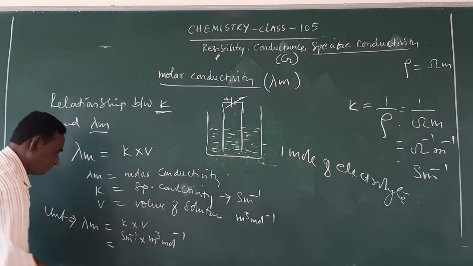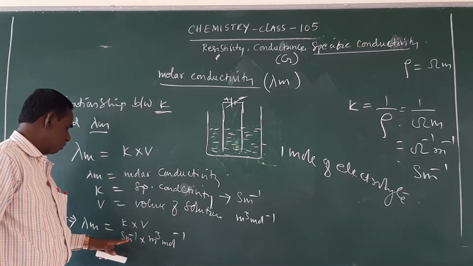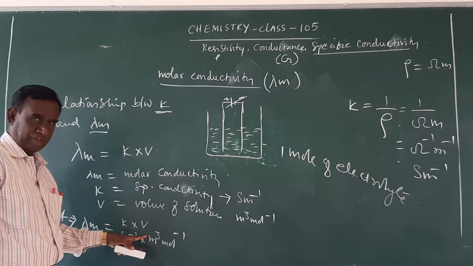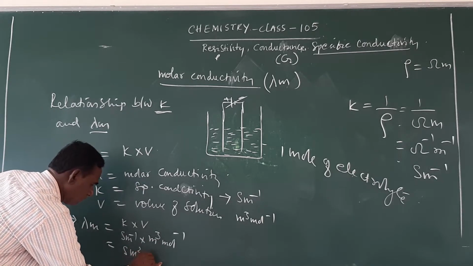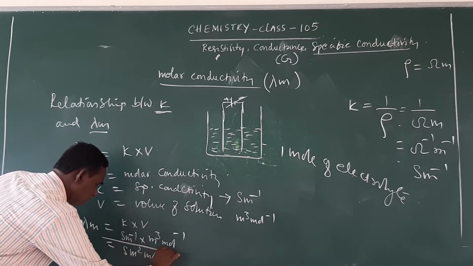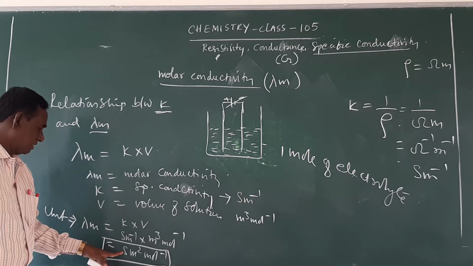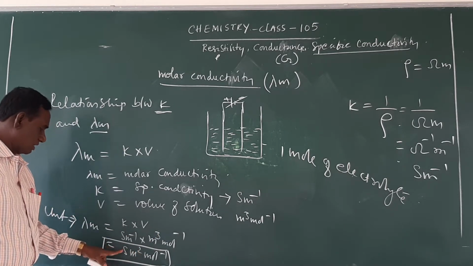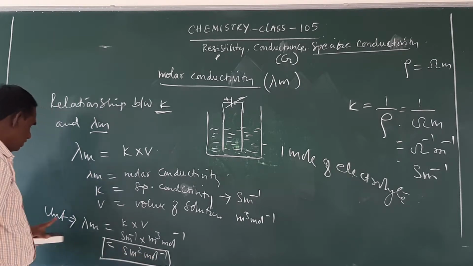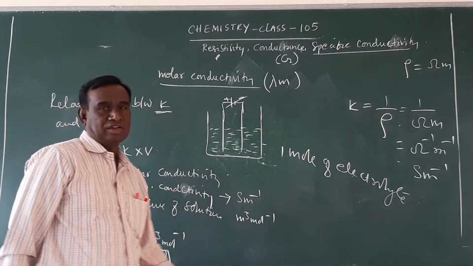Therefore, meter cube per meter means meter square. So you get Siemens meter square per mole. That is the unit of your molar conductivity.